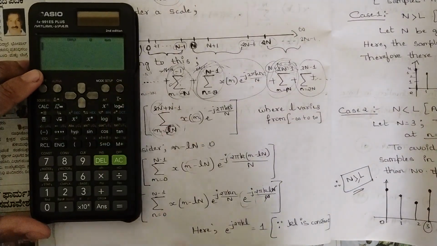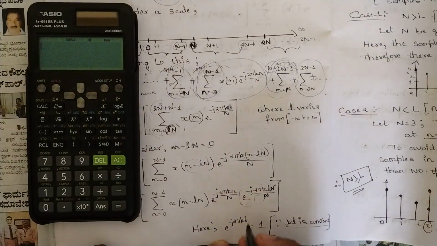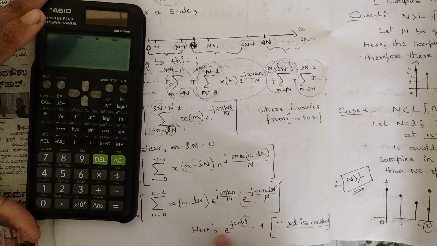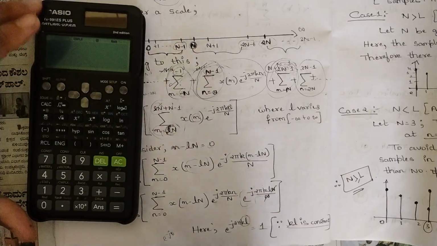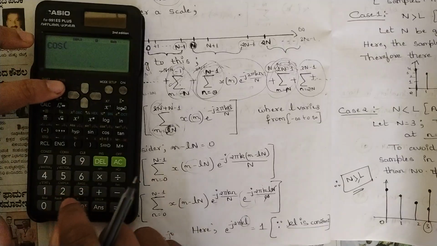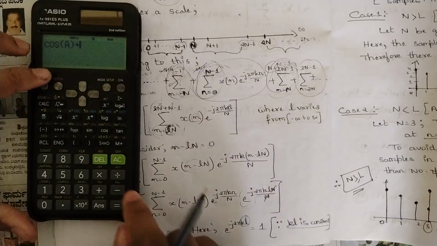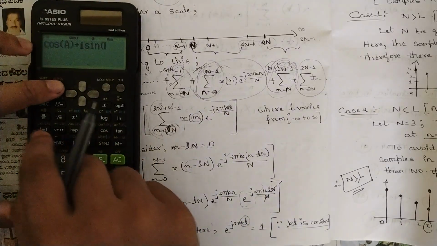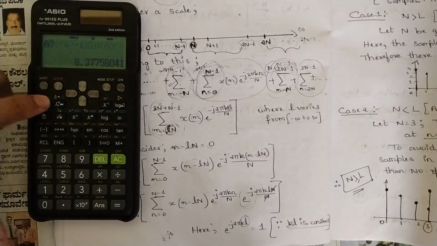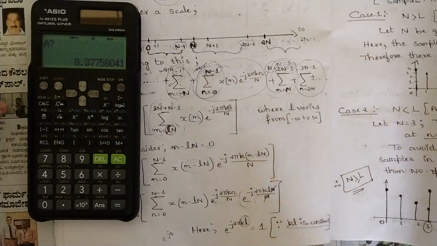So take k L here, where kL is a constant. Consider this kL to be any number of your choice. Now, according to e power minus j theta, we have the equation cos A plus j sin A, right? So in this equation, consider kL ranging from 0 to infinity, any values.